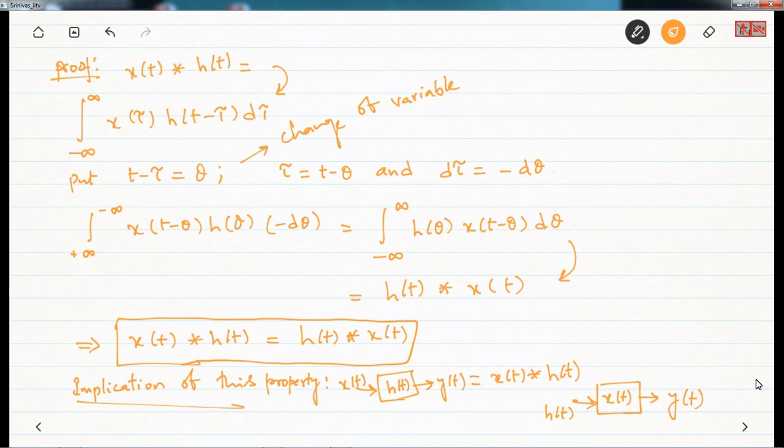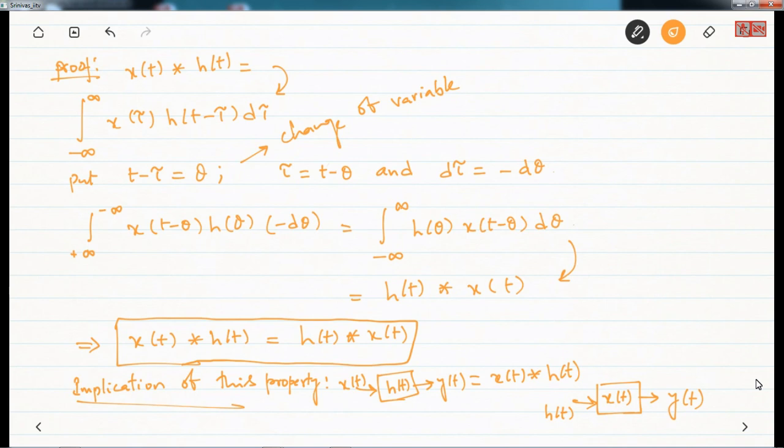You understood this? So you have a linear time invariant system with impulse response h of t, and you have an input signal x of t. You give this input signal x of t to the LTI system, and you get an output y of t.